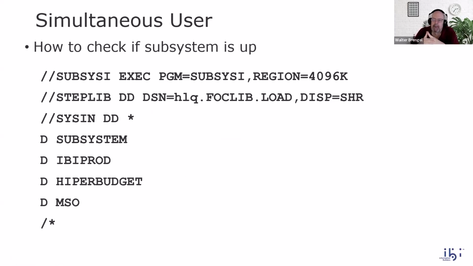How can you check to see if your subsystem is up and running? So you can run this code in JCL. It's basically just running the SUBSYS I program, and you're going to identify your folklive.load that you're running Focus from. The D SUBSYSTEM, D IBI PROD, D HYPERBUDGET, D MSO just gives you some information. The main one we're going to look at is the D SUBSYSTEM.